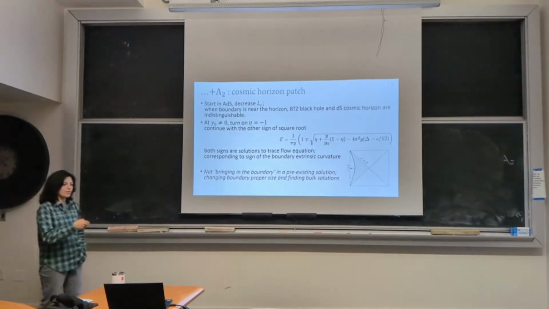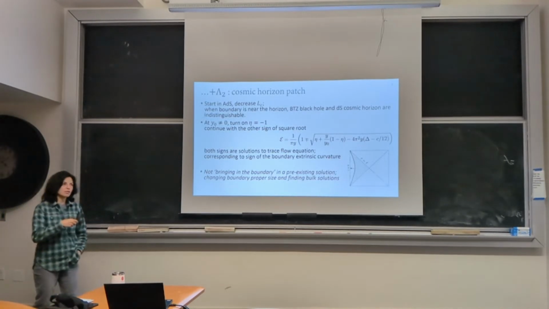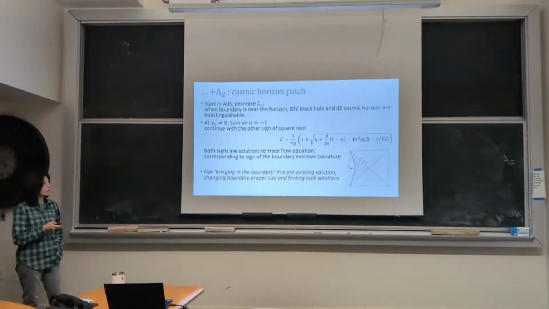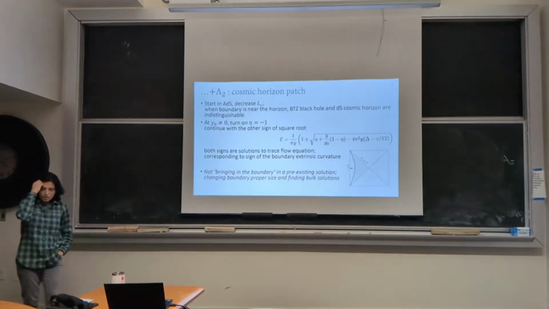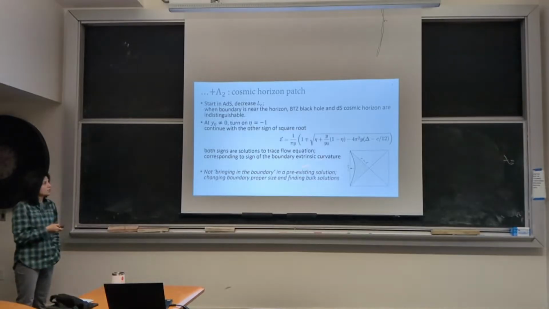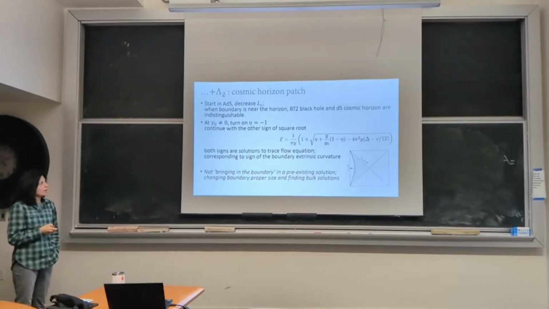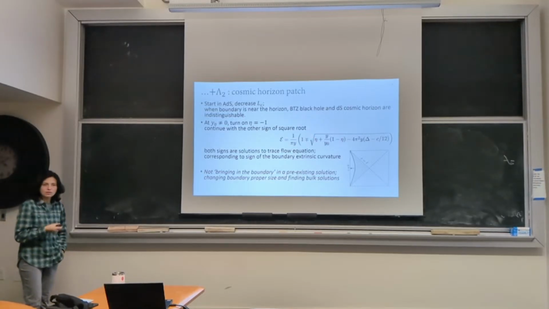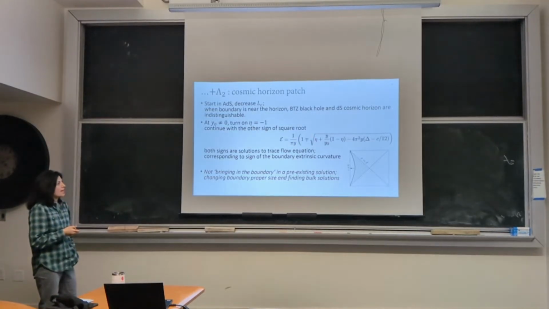At that point, the value of that deformation parameter y is some non-zero value, y naught. And then if you solve the trace flow equation for the energy eigenvalues, this would be the solution. It's important that there are two signs in the square root, both are solutions.